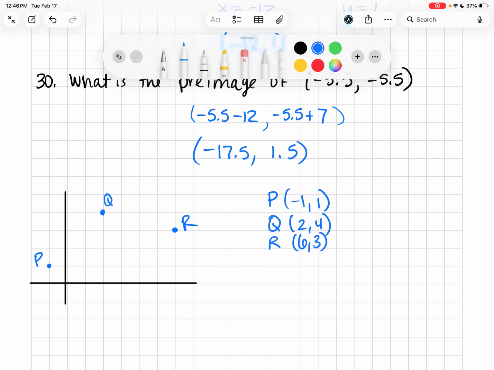And then S is at 2, negative 1. So if you don't have graph paper, again, that doesn't matter. You just need to put little tick marks on there to show where your points are going. I'm not gonna get a thing out and measure it or anything.